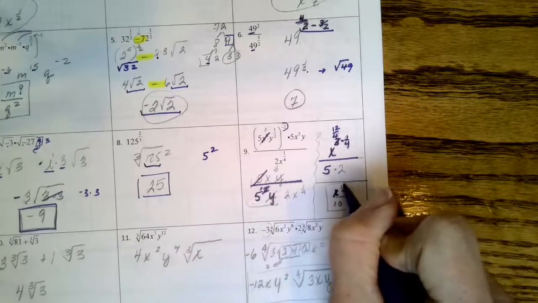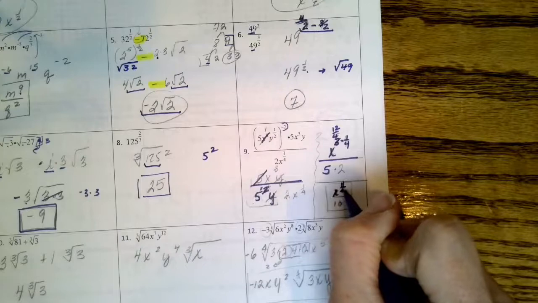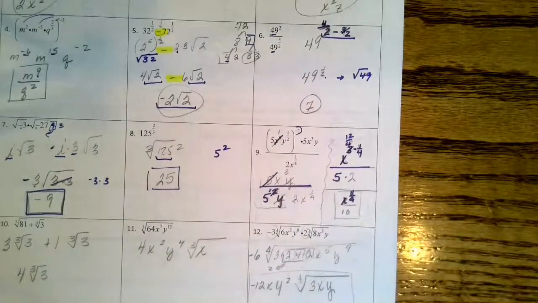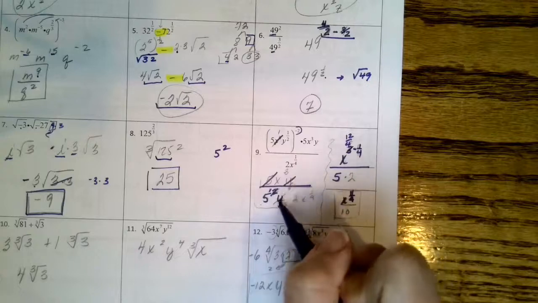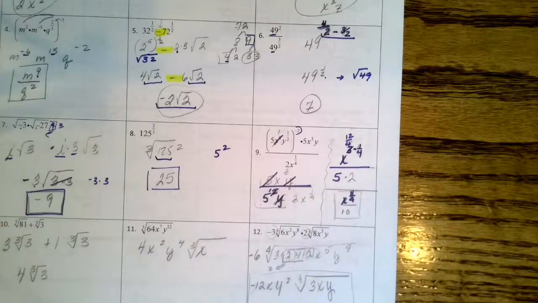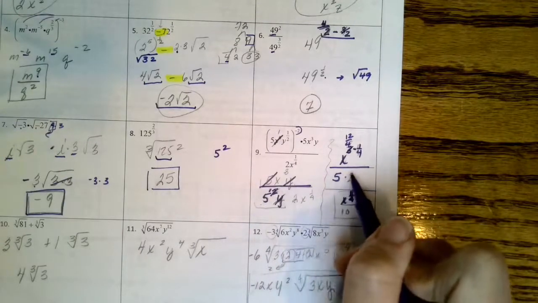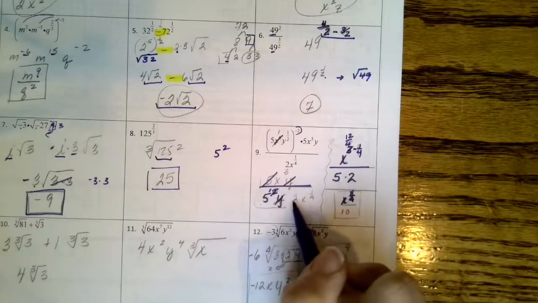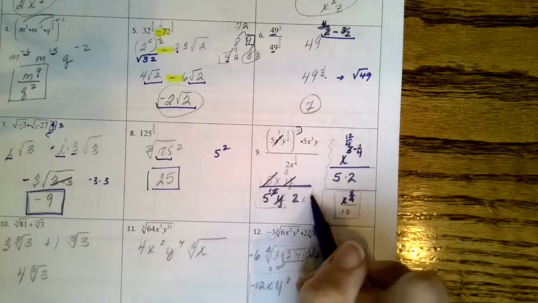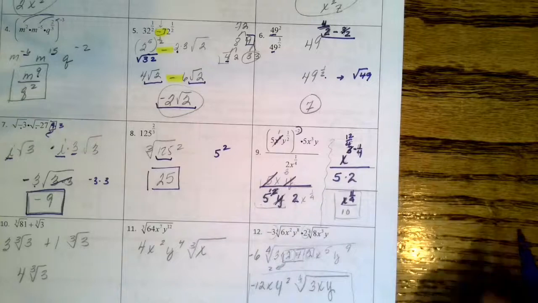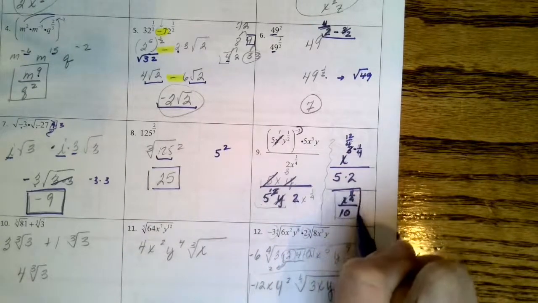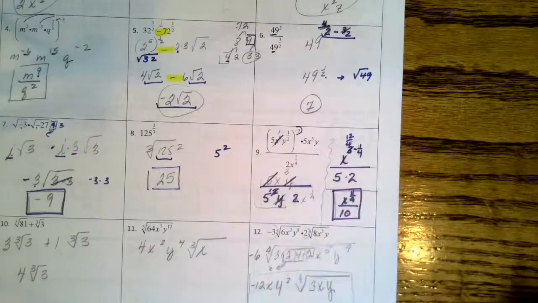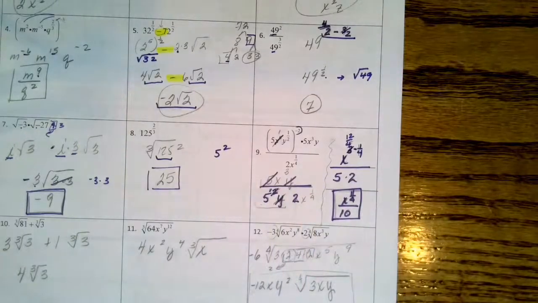So this x to the 11/4 is what's left in my numerator. So those are my x's. These two y's cancel out. This 2 here is part of this. And these x's we already dealt with. So that's how I end up with 10 in my denominator. x to the 11/4, and then 10 in my denominator.